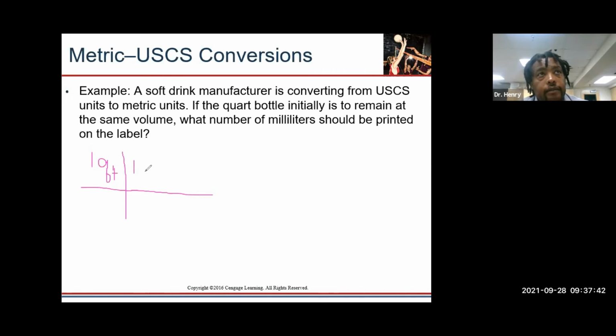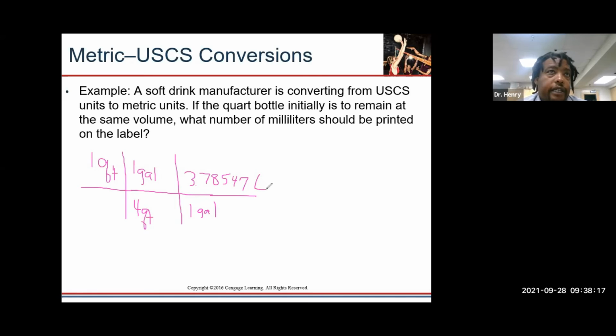I know that 1 gallon equals 4 quarts. I also know that 1 gallon equals 3.78541 liters.